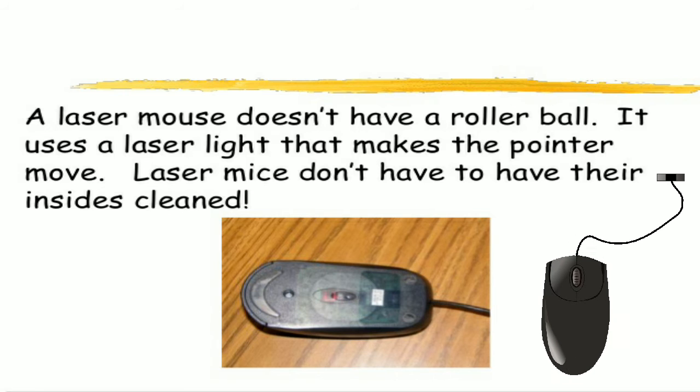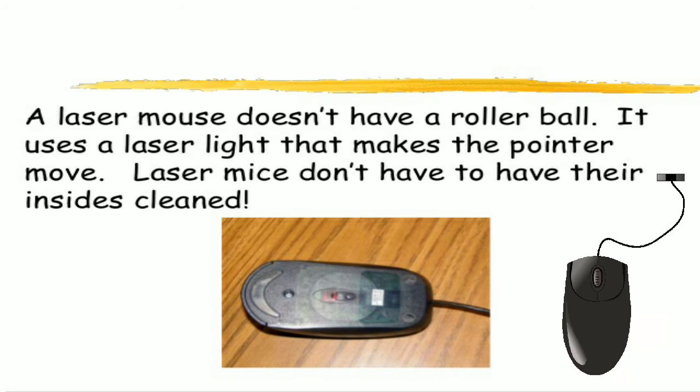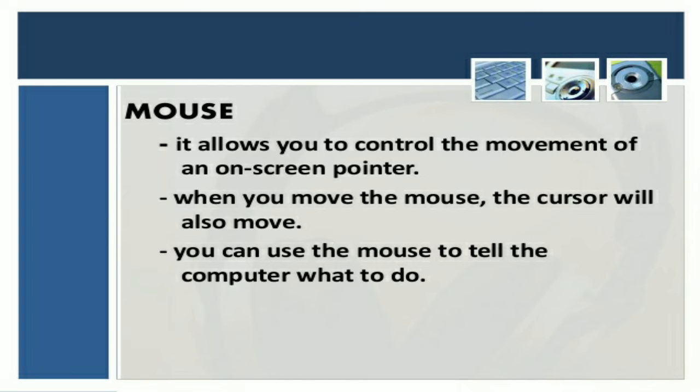So children, you all understand what a computer mouse is. It allows you to control the movement of an on-screen pointer. When you move the mouse, the cursor will move, and you can use the mouse to tell the computer what to do.